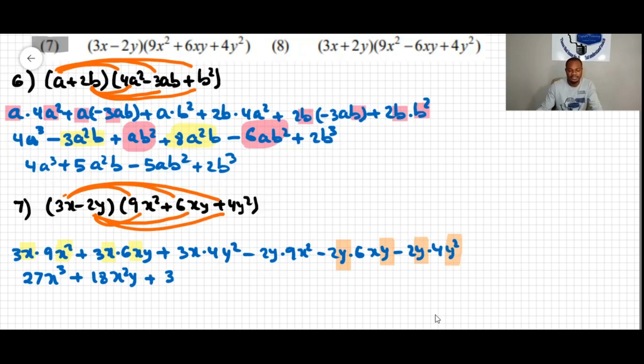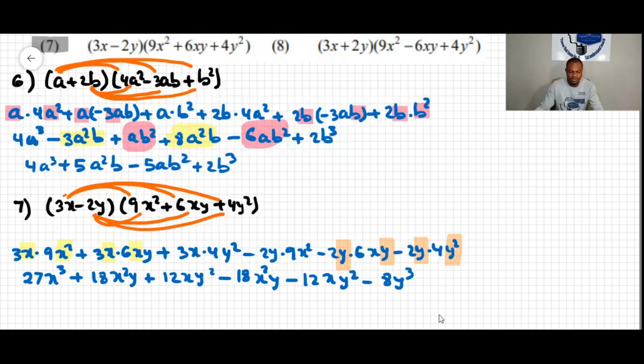It's going to be positive 12xy squared, minus 18x squared y, and then minus 12xy squared because we have y and y, minus 8y cubed.